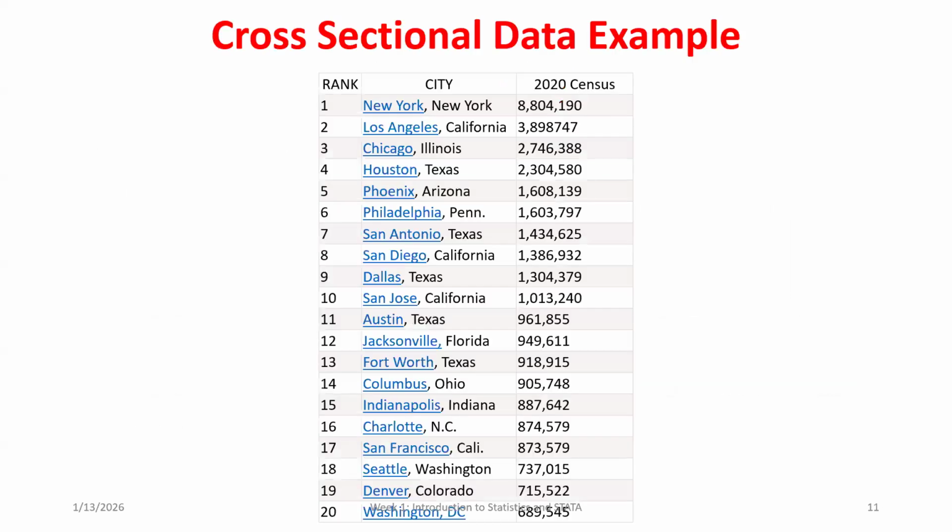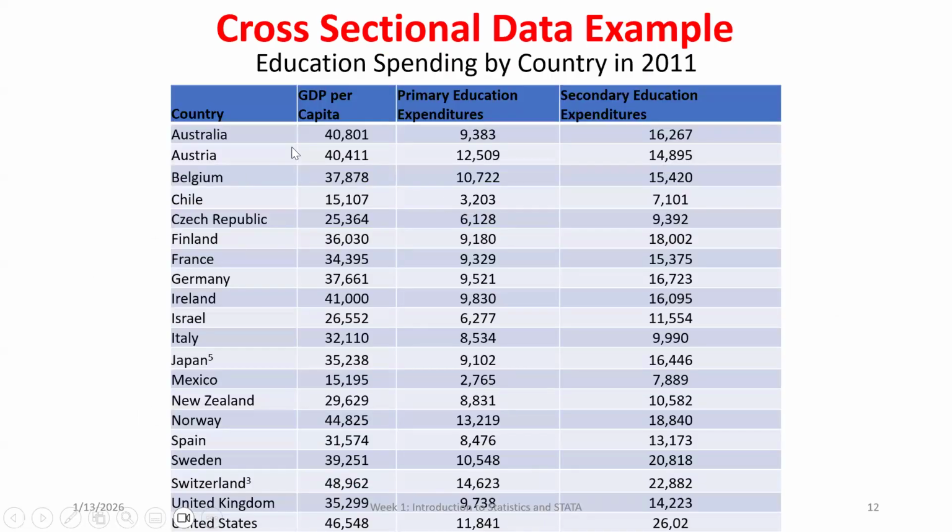Okay. So I think I had some examples here that are different than what I just gave. Maybe I have a bunch of different cities and what their population was in the 2020 census, right? Many subjects, but at one point in time. Another example of cross-sectional data, maybe I don't just have one variable. I can still have many subjects.